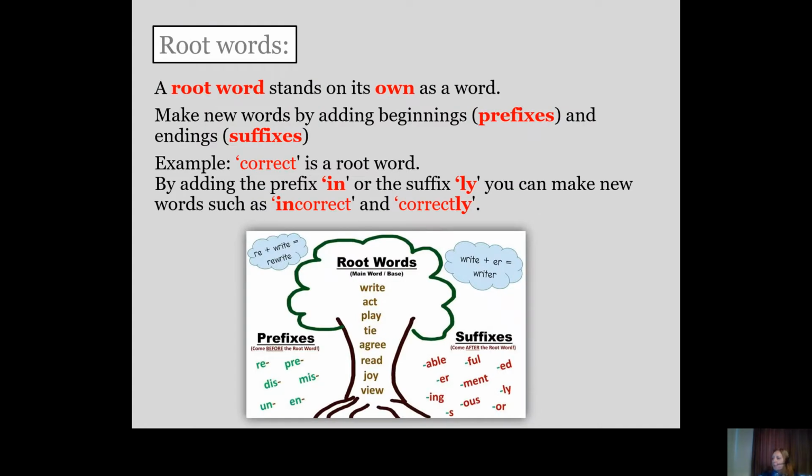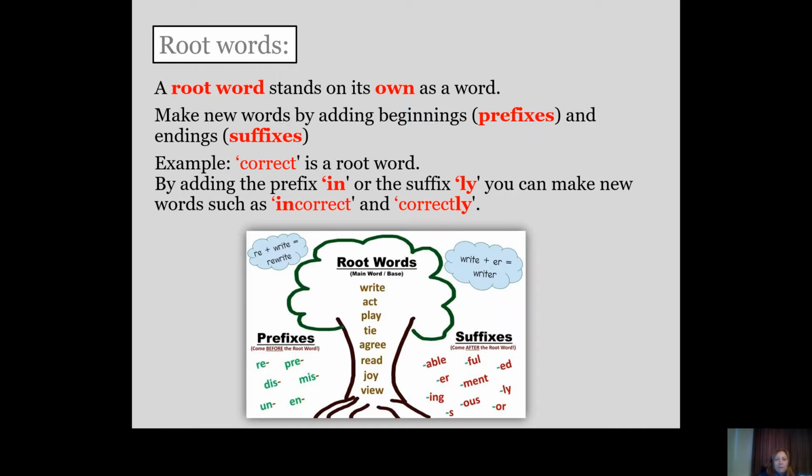Okay then, root words. Root words stand on their own. Look at the picture, it's there to help you. So root just means it can stand on its own. We've got some examples there in the picture: write, act, play, tie, agree, read, joy, view. Just a few examples of main words. We can make new words by adding different beginnings, prefixes, or a different end, a suffix.